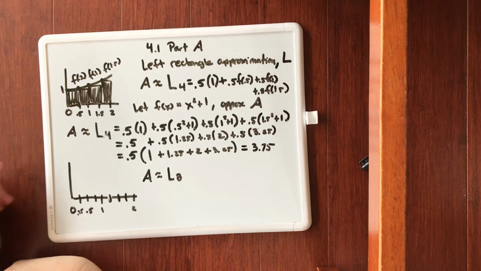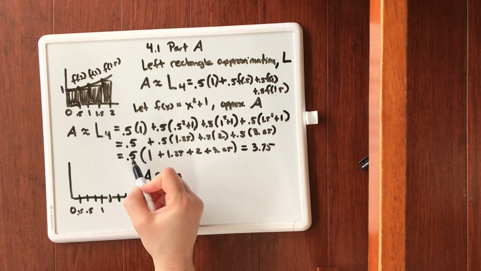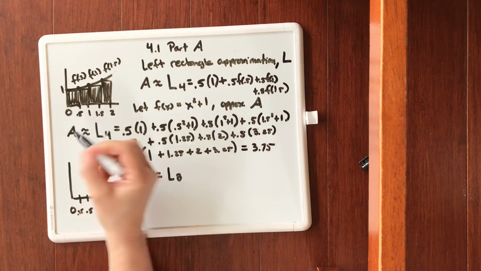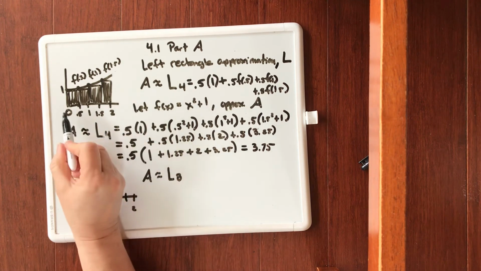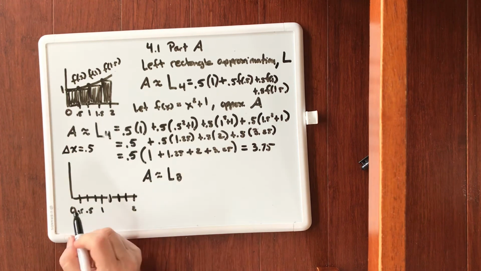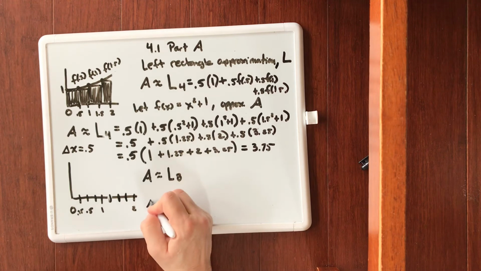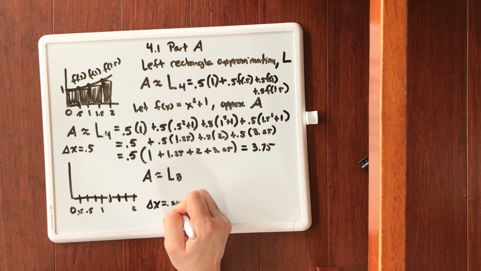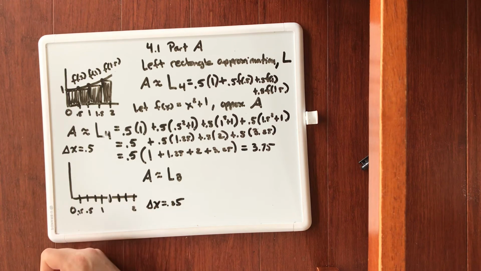Okay. All right, so notice here, this 0.5 right here is our delta x. Our delta x was 0.5, 0.5, 0.5, 0.5. So down here, our delta x is going to be 0.25 because we're splitting it up into 8 equal parts of each 0.25.